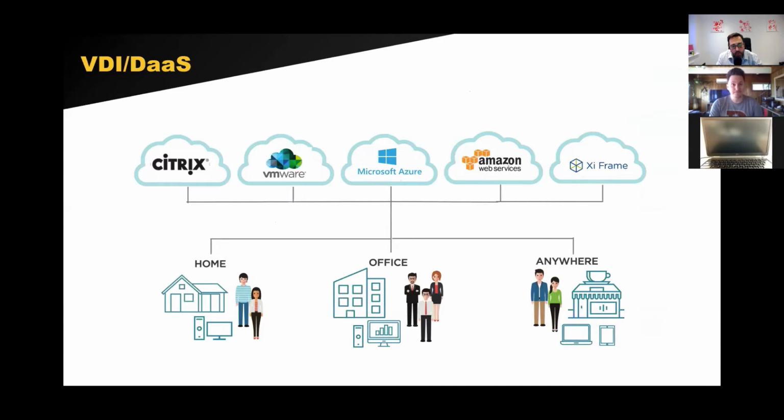So whether you've already got Citrix or VMware on-prem, whether you're already using a desktop as a service solution like Microsoft Windows Virtual Desktop or Amazon, whether you're making use of even the new technology like the Nutanix Frame, these are all ways in which we can deploy secure, easily centrally managed Windows 10 desktops out to our users remotely.